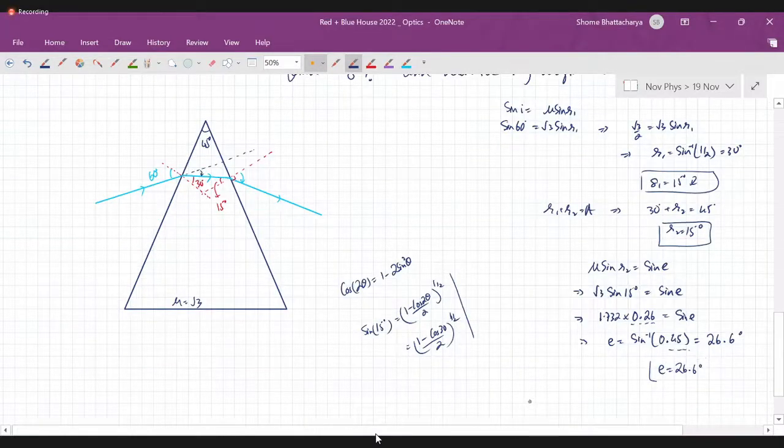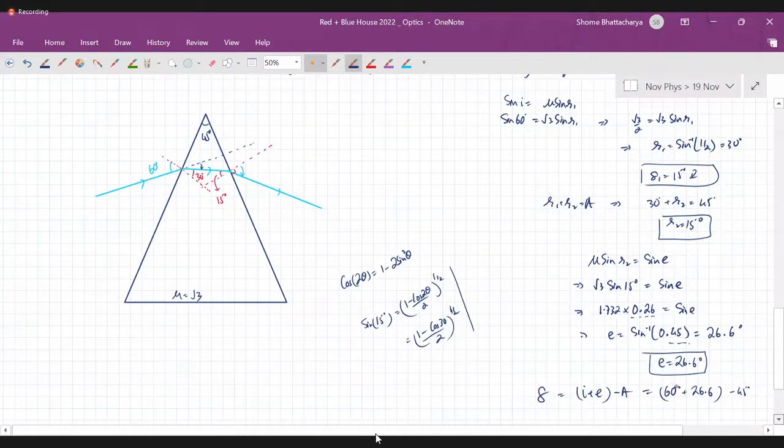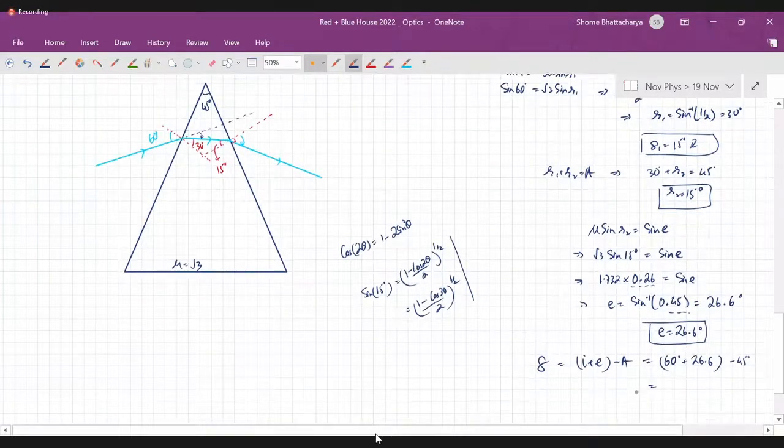So from that I will get the net deviation as something like this.